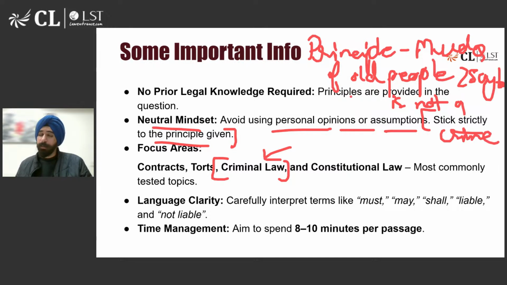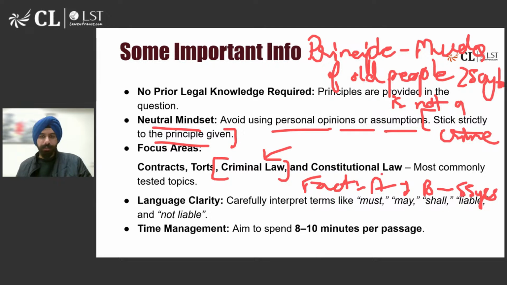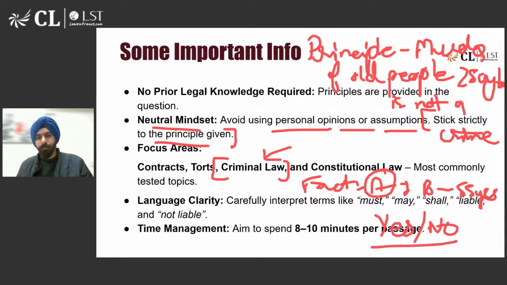That is your legal principle in the actual CLAT exam question. And the fact scenario is something like that: person A murders person B who was 55 years of age. And you have to decide his liability, the liability of A, whether A would be charged of murder or not. What would be your answer? Will A be charged of murder or he would not be charged of murder? Yes or no? He would be liable for murder, yes or no? Please tell me in the chat box.